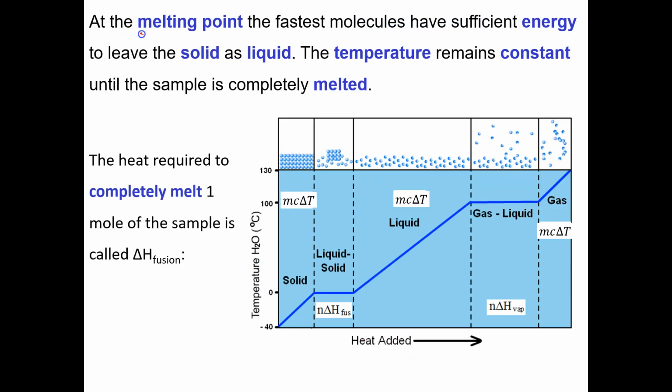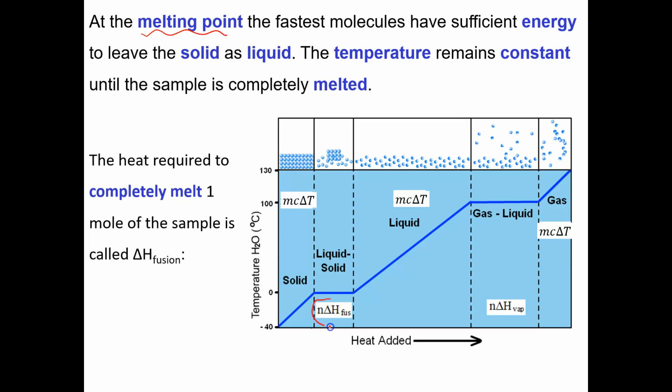Once we get to the melting point, molecules start moving; the most energetic molecules start moving into a liquid phase. While this is occurring, the temperature remains constant, and it remains constant until 100% of our sample has been melted.